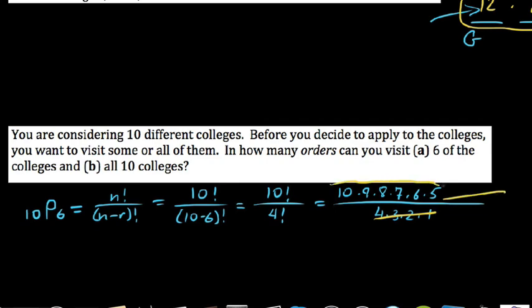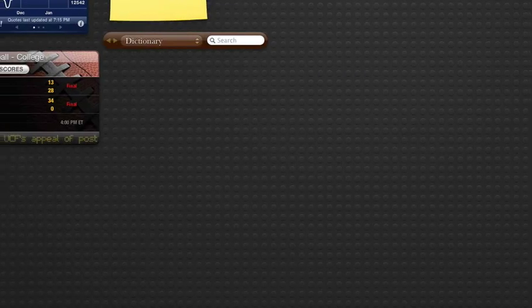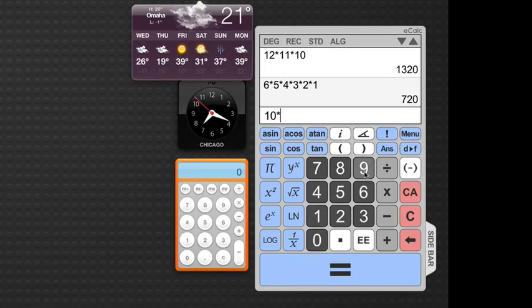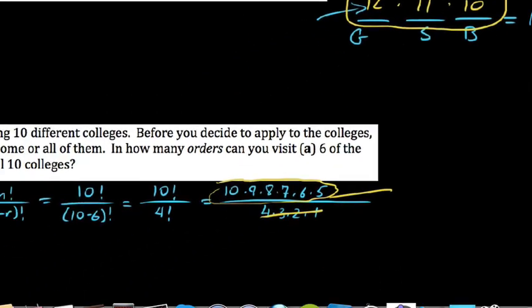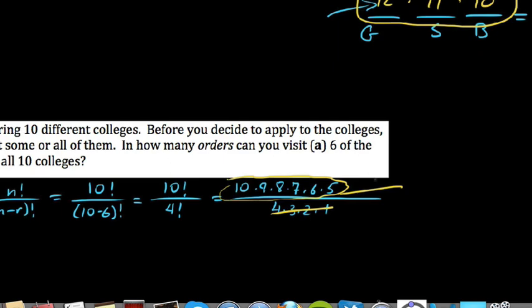And what we're left with is just this quantity here, 10, 9, 8, 7, 6, 5. So we say 10 times 9 times 8 times 7 times 6 times 5, 151200. Ways that we could, different orders we could visit 6 of those colleges in.